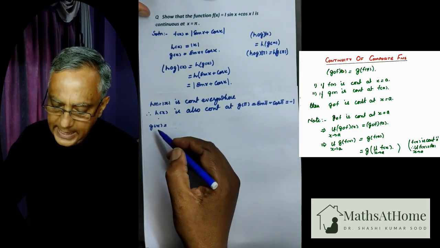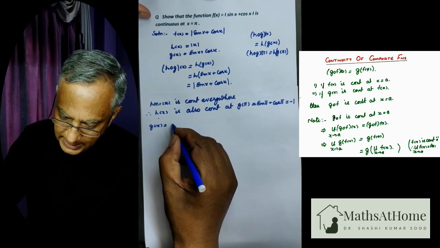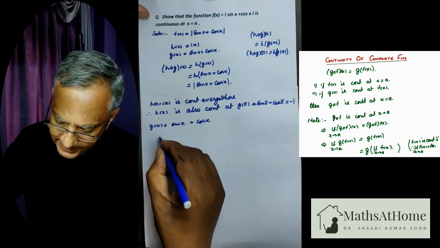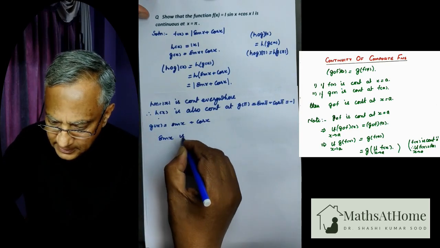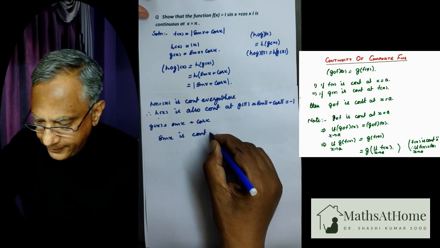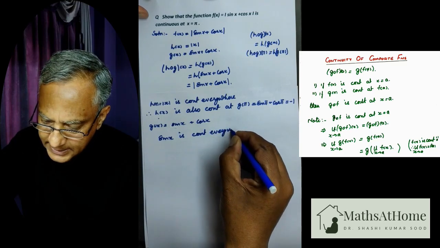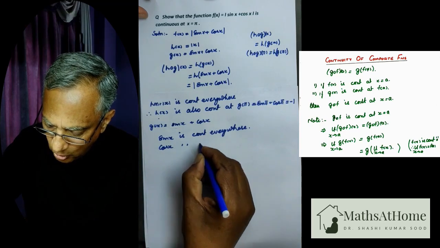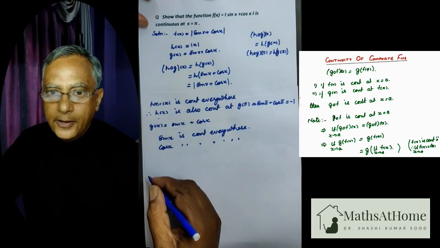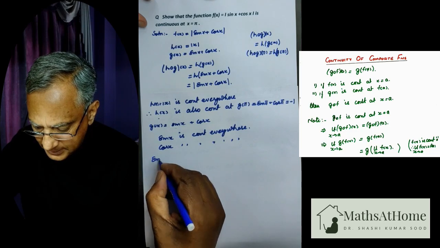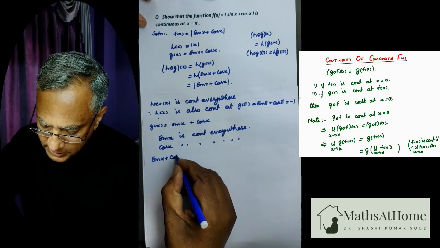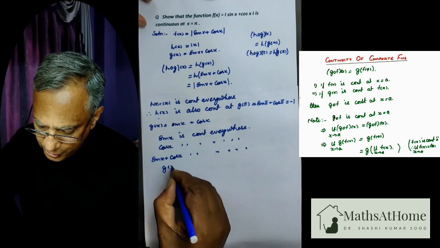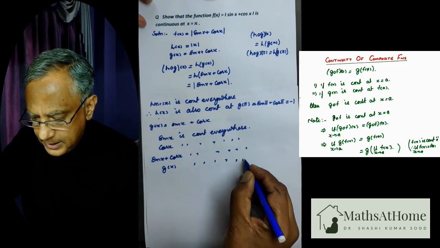Now gx is equal to sine x plus cos x, and we know that sine x is continuous everywhere, and cos x is also continuous everywhere, and therefore their sum sine x plus cos x is continuous everywhere, and therefore gx is continuous everywhere.